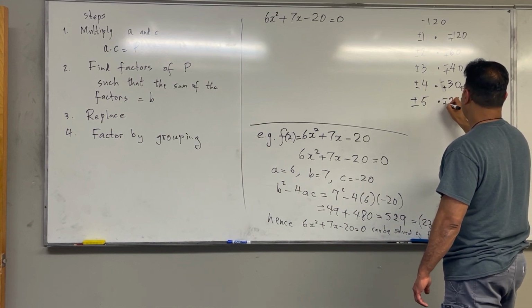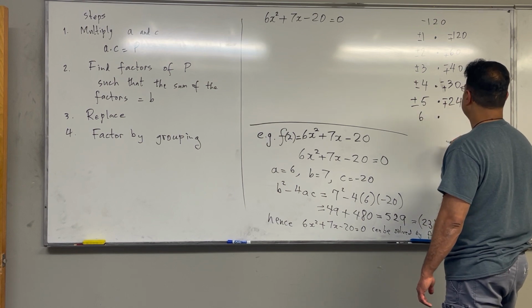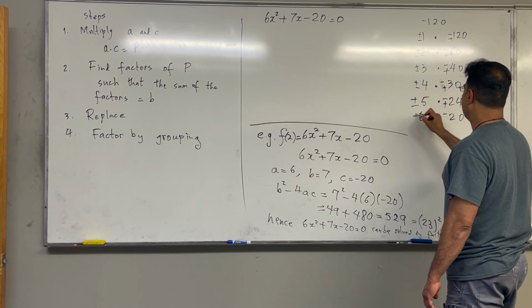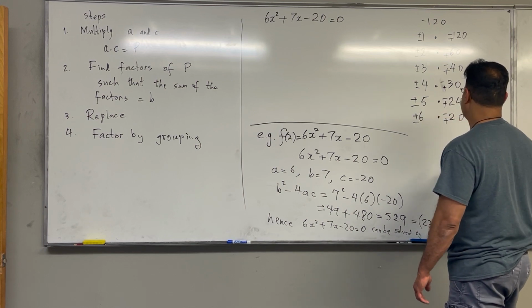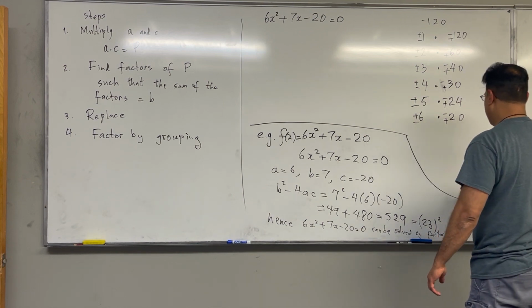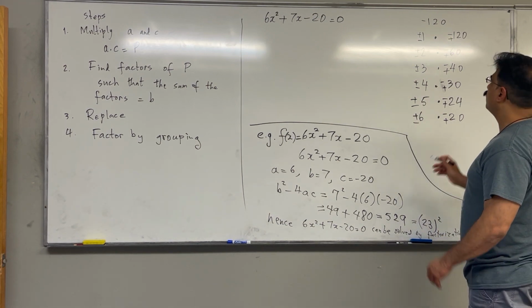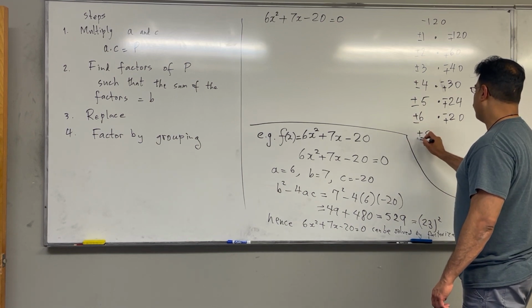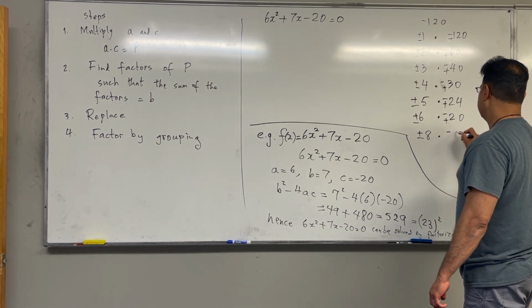Let's continue on with the 6. You'll have 20. Are we getting close? I don't think so, because this will give us 12. 7 is not a factor, so we would have to go to 8. Yes, 8 does divide, and in the case of 8, I think it should work, because we will have negative 15 and positive 8.